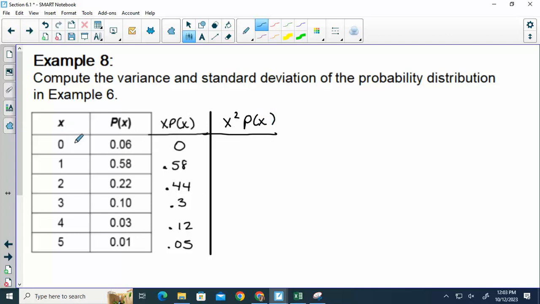You can take 0 squared times the probability, or you could take your x p of x times x again, and that would give you x squared, so 0 times 0 is still 0. 0.58 times 1 is 0.58. 0.44 times 2 is 0.88. 0.3 times 3 is 0.9. 0.48 and 0.25.